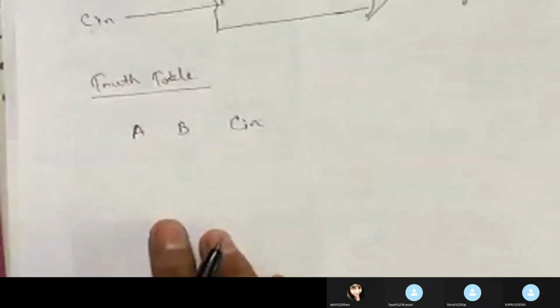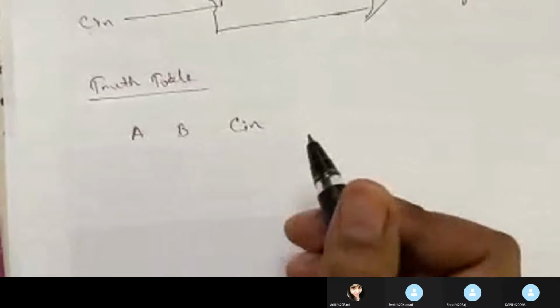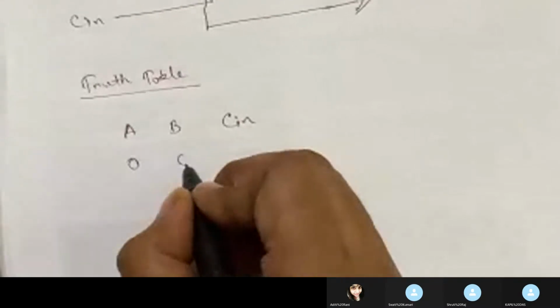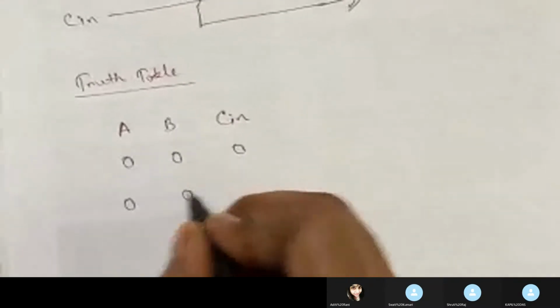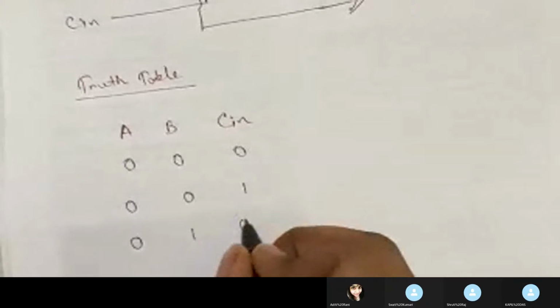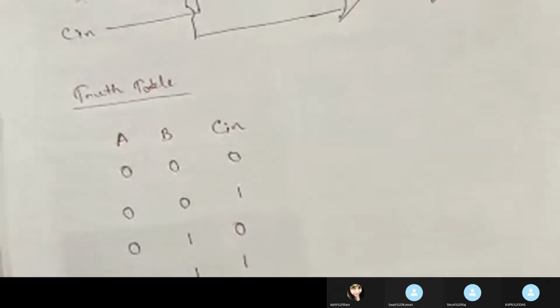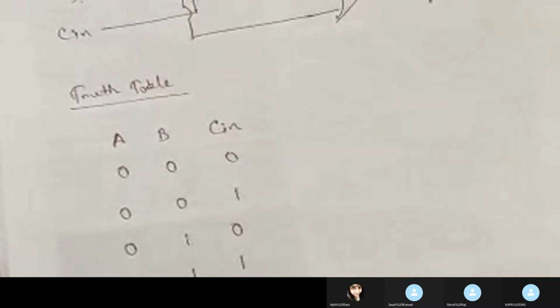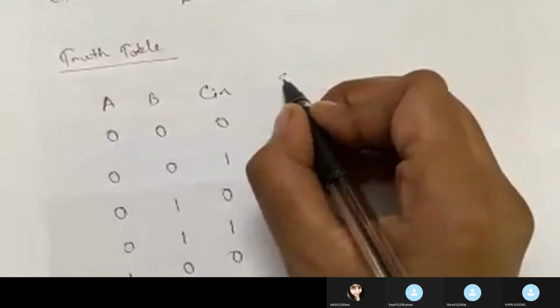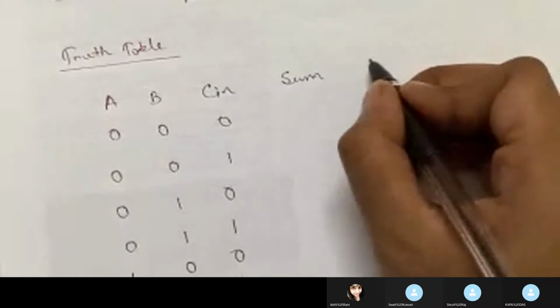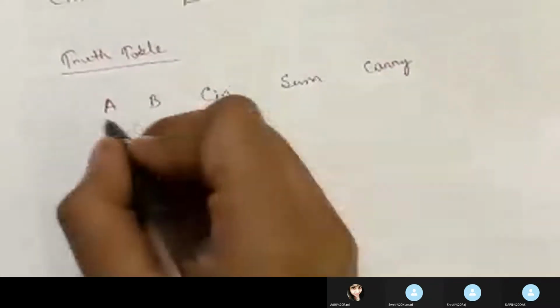First let us draw the truth table. How many inputs do I have? 3 inputs: A, B and C in, right? So these 3 can have 8 combinations, means 0 0 0, 0 0 1, 0 1 0, 0 1 1, 1 0 0, 1 0 1, 1 1 0, 1 1 1, right? So the output can be sum and carry.